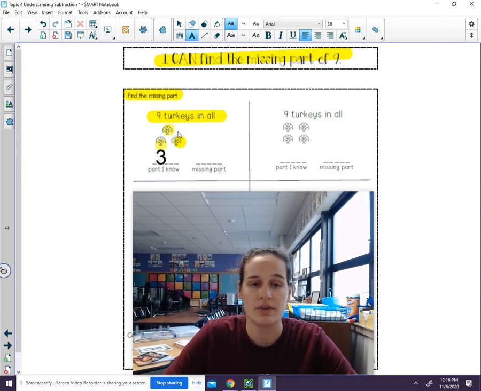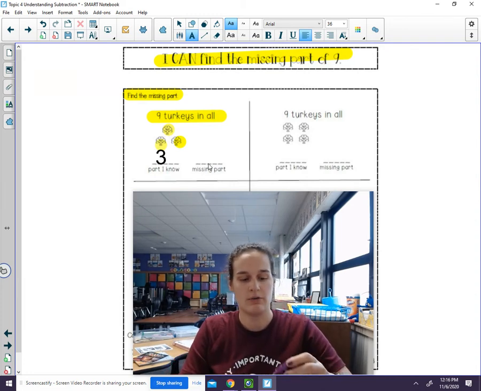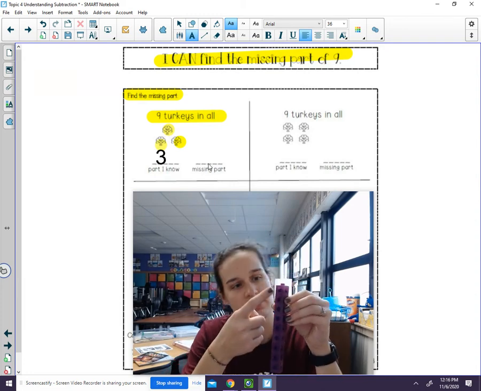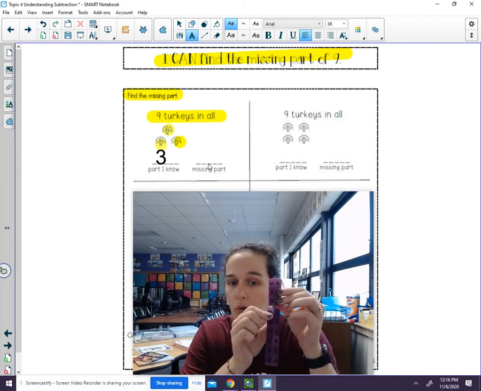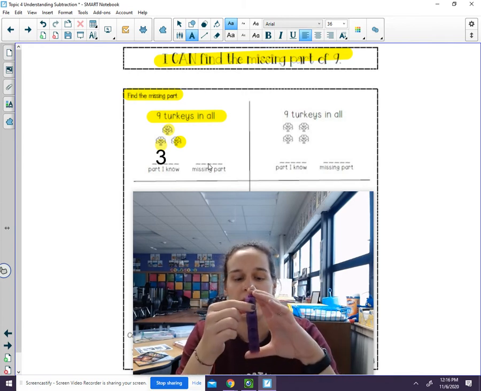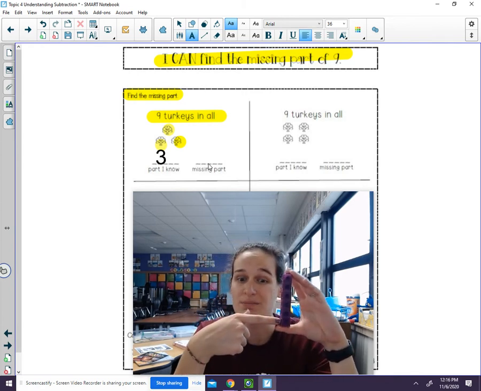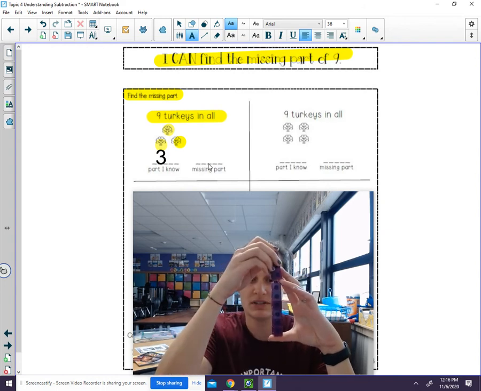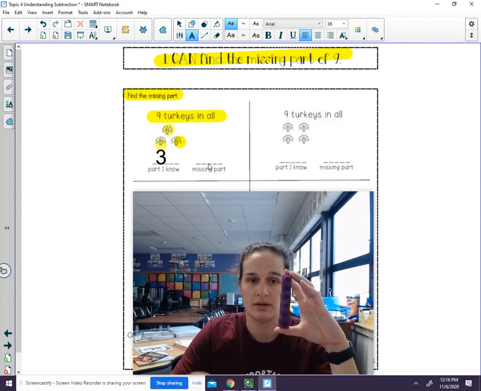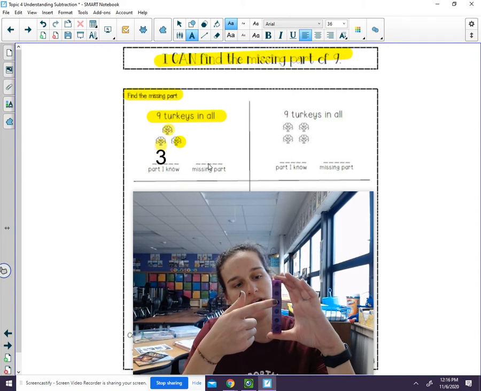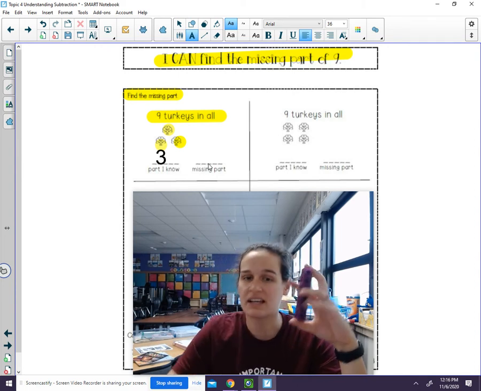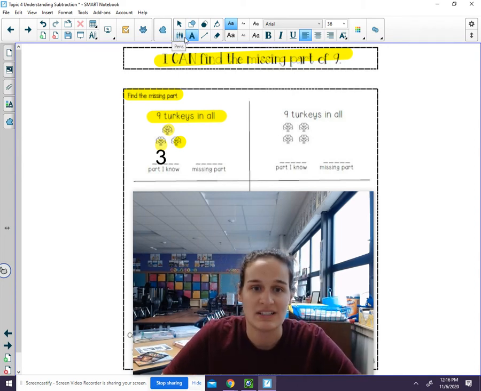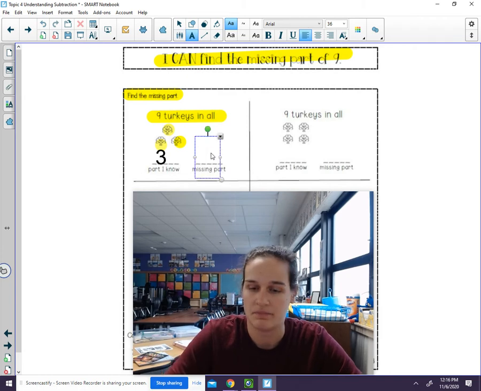Well, if I know this is 3, let's find out with my cubes what the missing part is. 1, 2, 3. I'm going to pull those off. And then I'm going to see how many are left here. This is my missing part because I started with 9 and took 3 away. 1, 2, 3, 4, 5, 6. The missing part is 6.